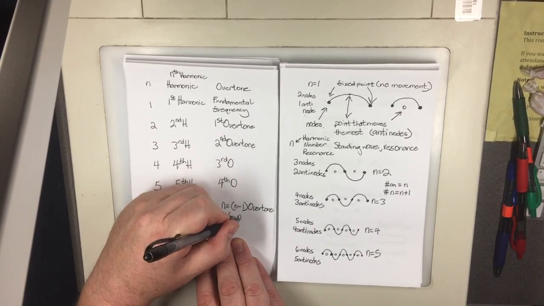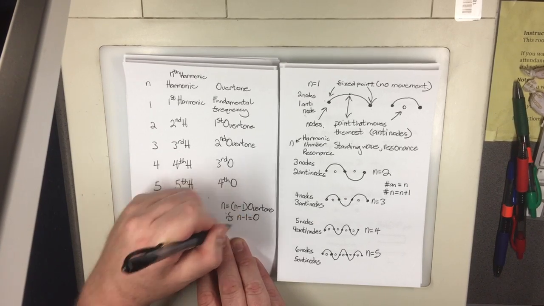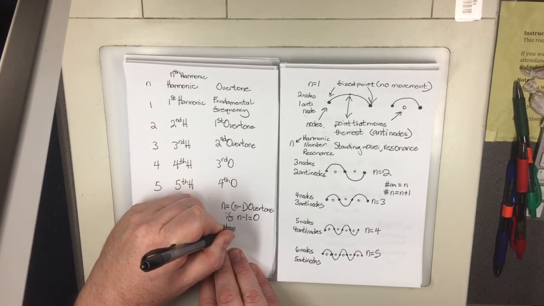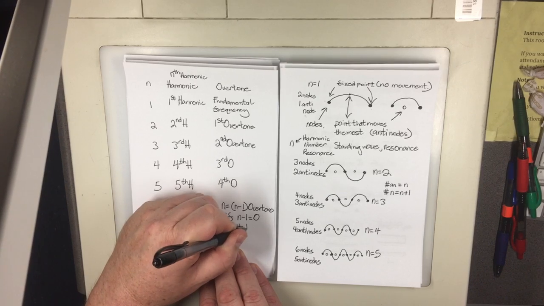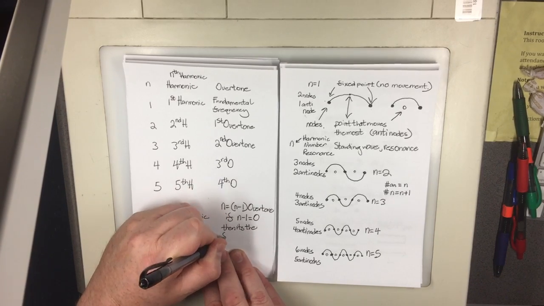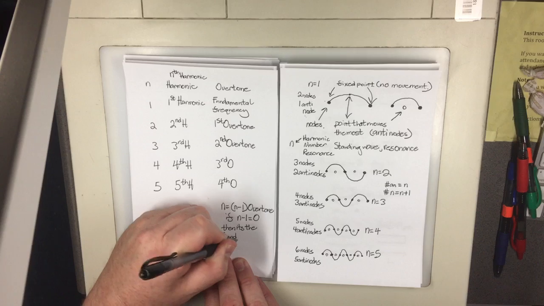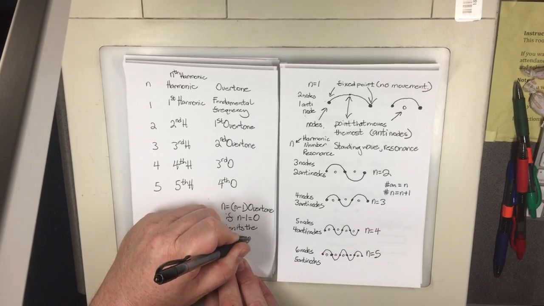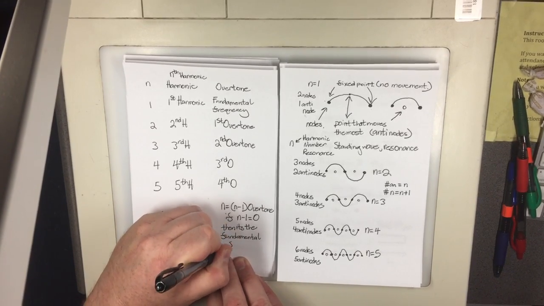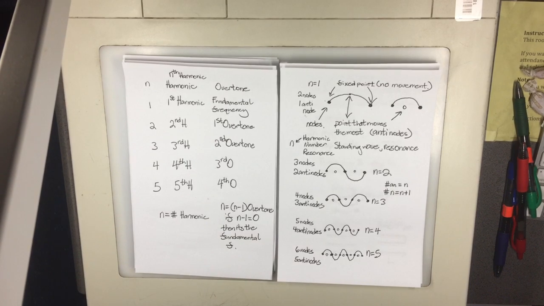If N minus 1 is equal to 0, then it's the fundamental frequency. If I know that N equals 1, I'm dealing with the fundamental frequency. I don't need to subtract 1 from it and do all that logic. But if you need all of that extra stuff, then go have fun.